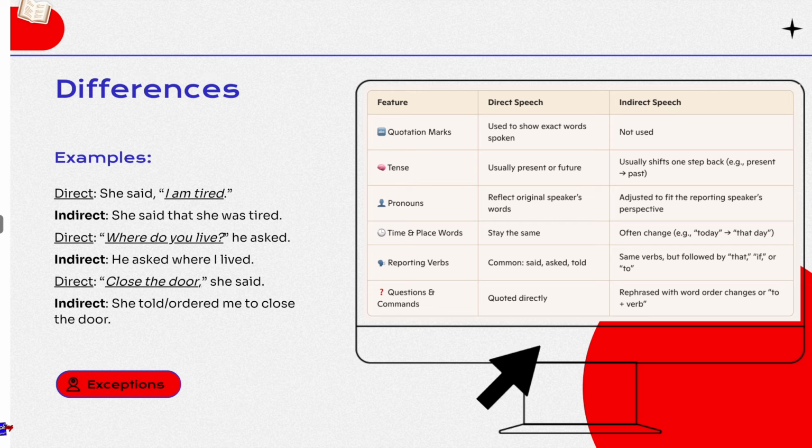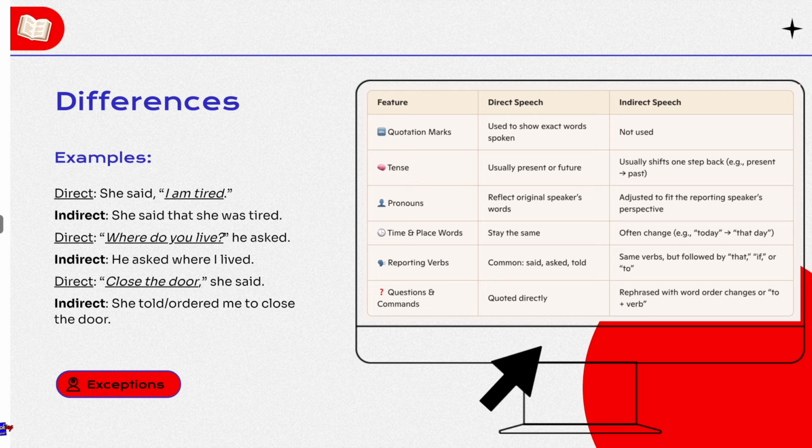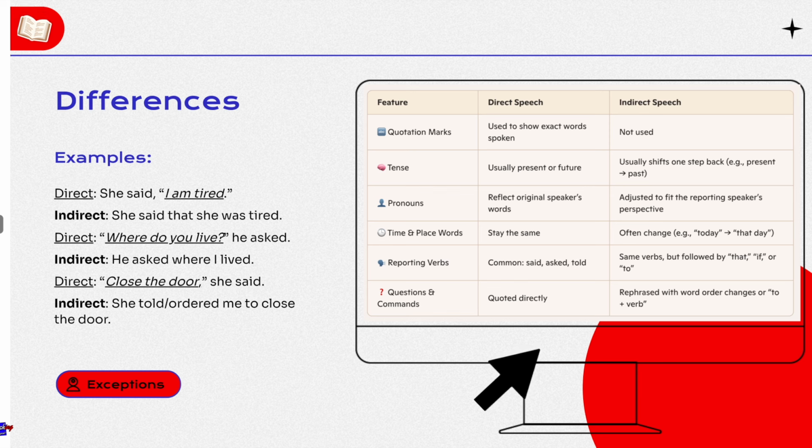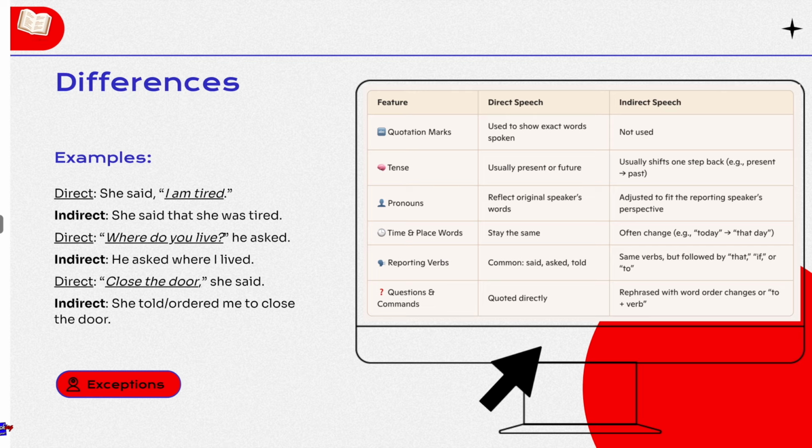And one other thing, the word order. Because in indirect speech it is not a question, we put it as a sentence. So he asked where I lived, not using the do, does, the auxiliary verb of the question. Okay, remember that.